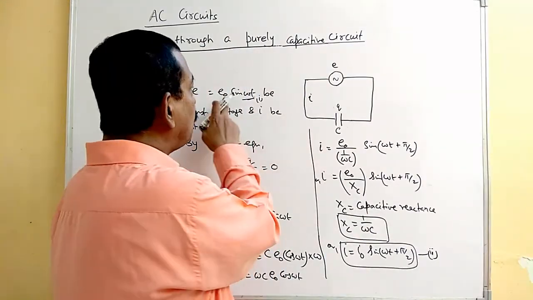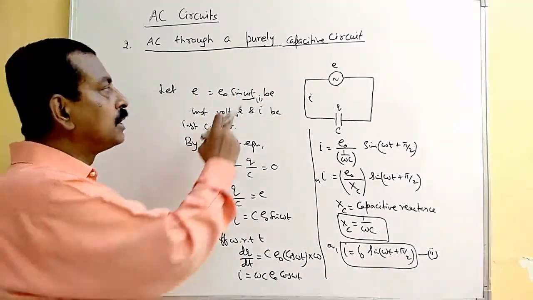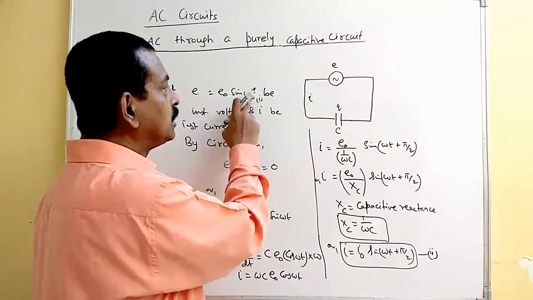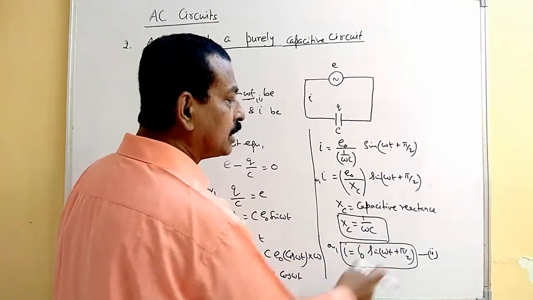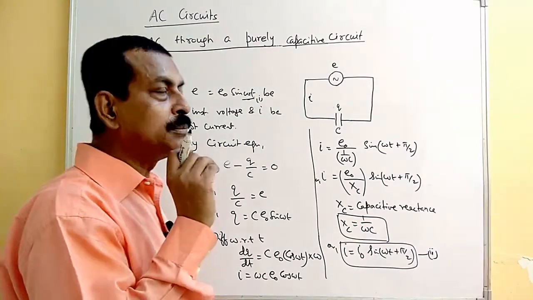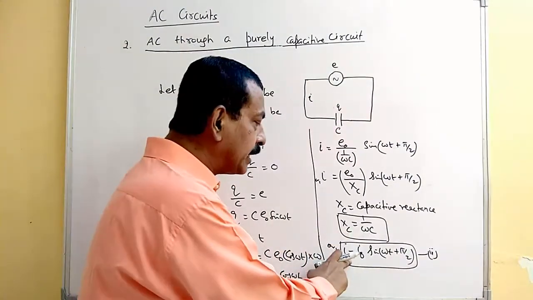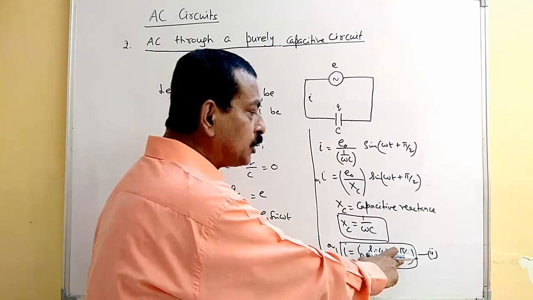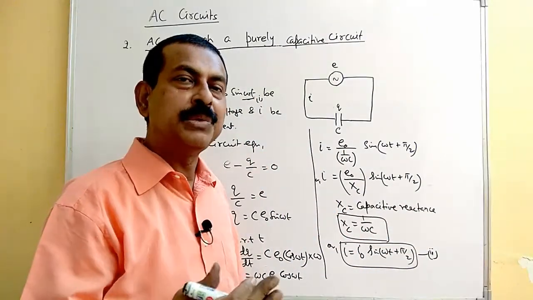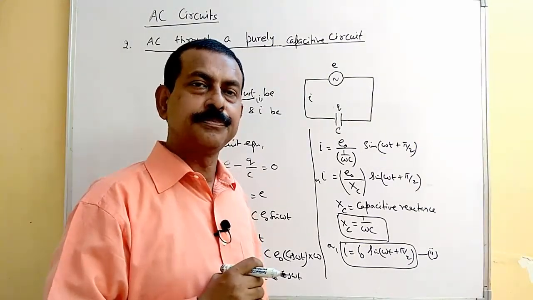Now if you compare equation 1 and equation 2, this time the instantaneous voltage and current do not have the same phase. Here it is omega t, and there it is omega t plus pi by 2. So we can conclude that in a purely capacitive circuit, the instantaneous current will be pi by 2 ahead of the instantaneous voltage. So current leads voltage by pi by 2 in a purely capacitive circuit.